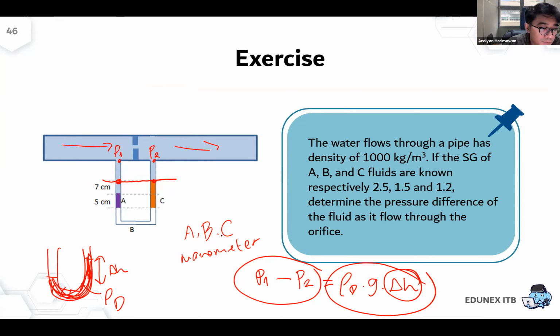Which point? This point, right? This point and this point is the same. How about this point? Is the pressure the same?